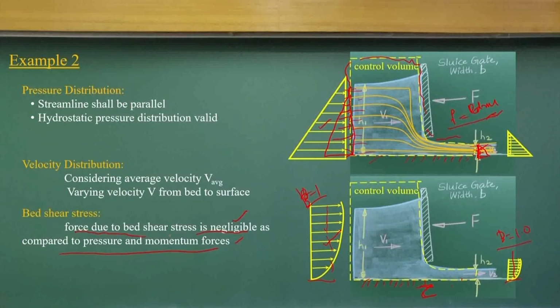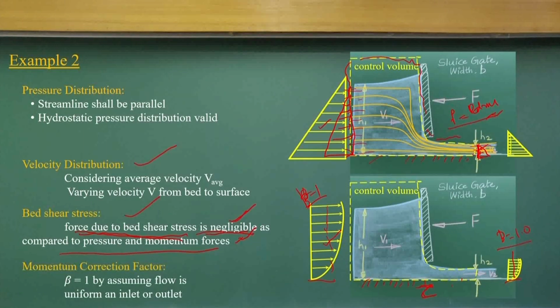So, to not complicate the problem, we consider the force due to shear stress negligible. These are clear-cut assumptions for velocity distribution and wall shear stress.